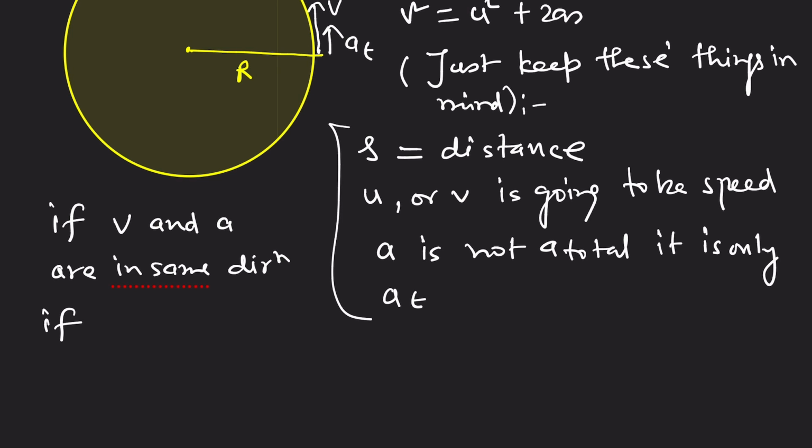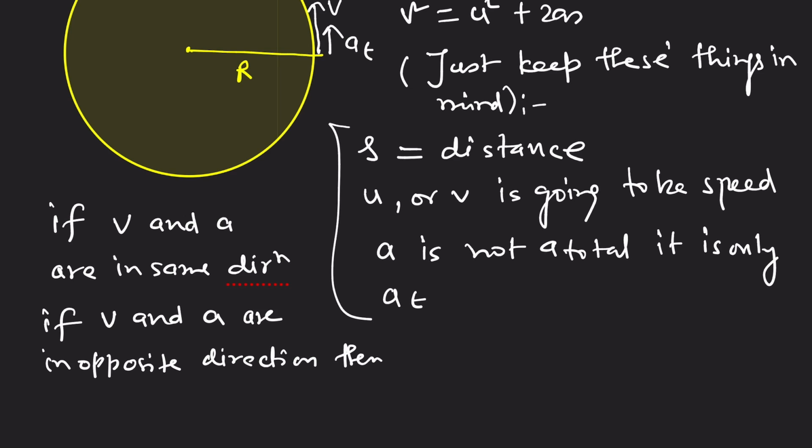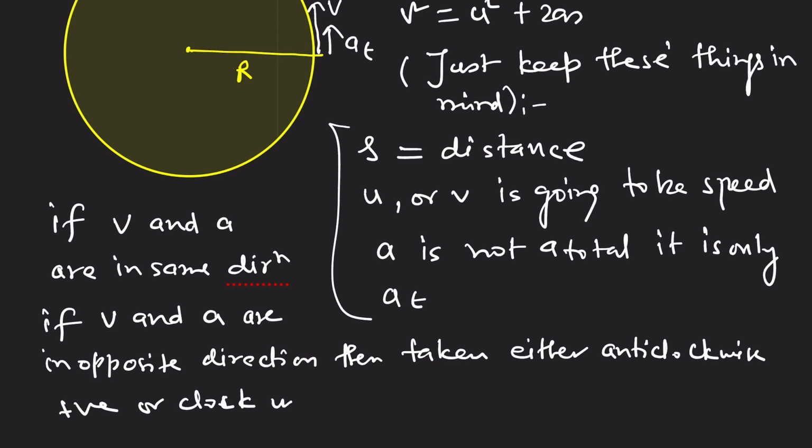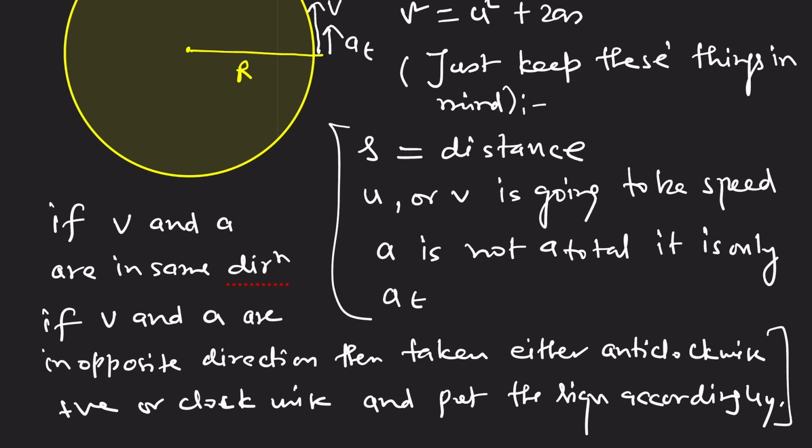And if V and A are in opposite directions, then take either anti-clockwise positive or clockwise positive and put the sign accordingly. When I take some illustrations, it will become more and more clear.